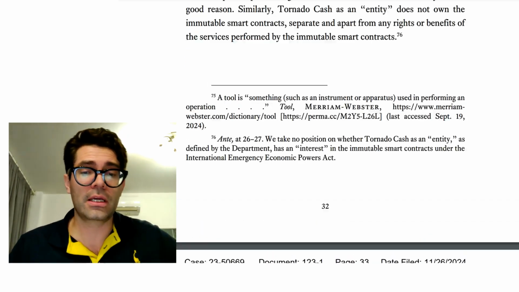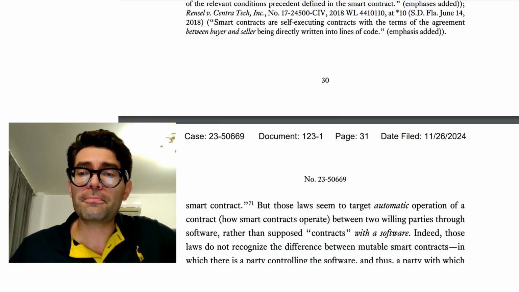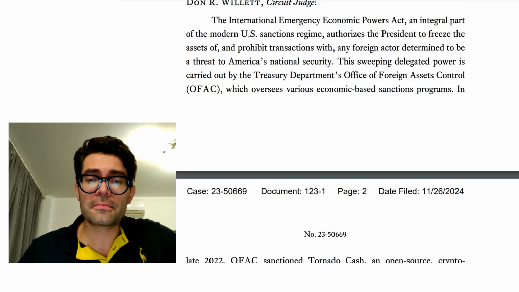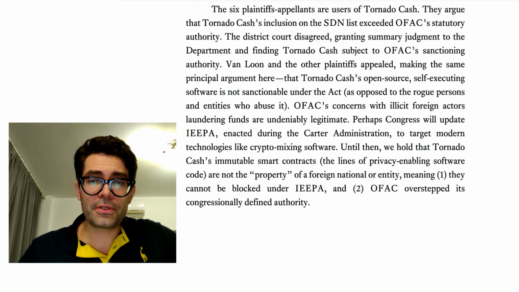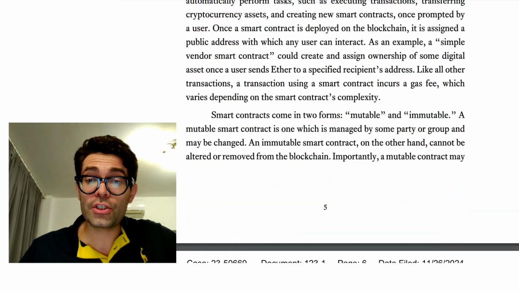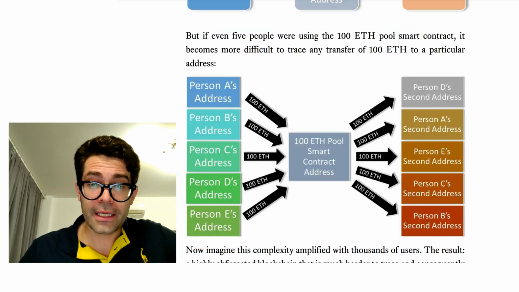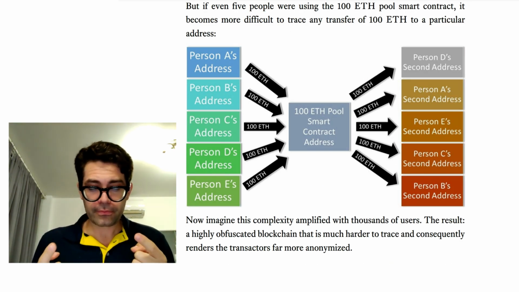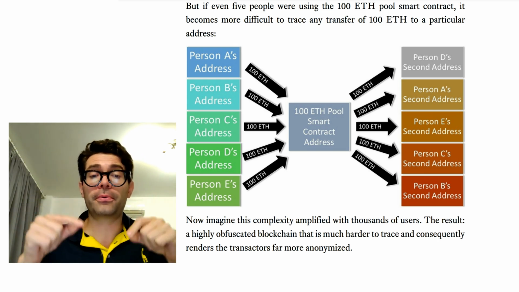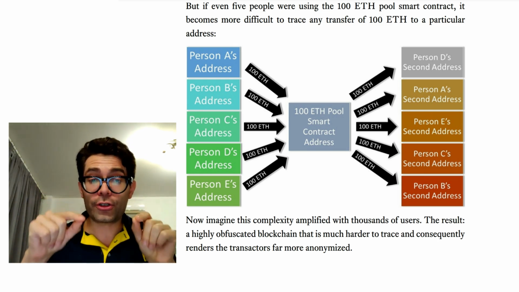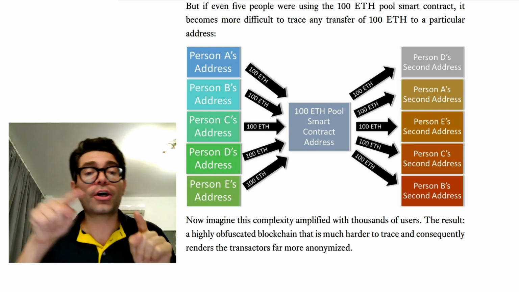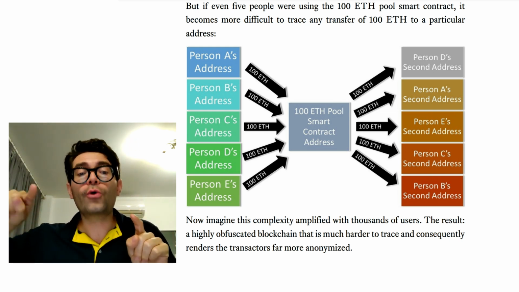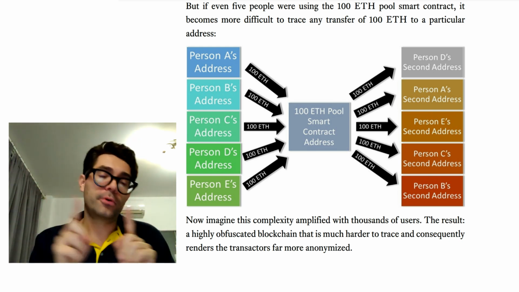I recommend you to check it out. But the most important thing goes back to this principle: because it's open source technology that is allowing people to mix their crypto by itself, because the smart contract is an immutable smart contract and is not owned by anyone, it is not property.